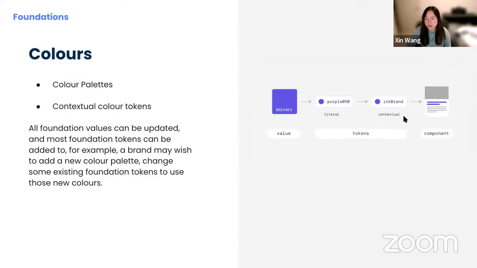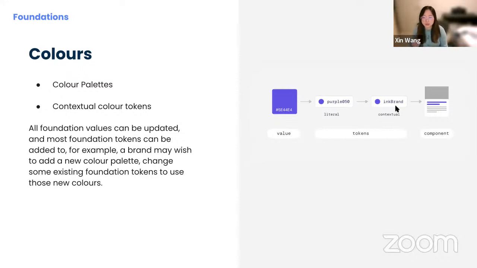While the contextual tokens add a further layer of abstraction, and they have been assigned a purpose. So in this example, the purple 50 is given a context. It will be used for typography as a brand color, hence it is given this token called ink brand.